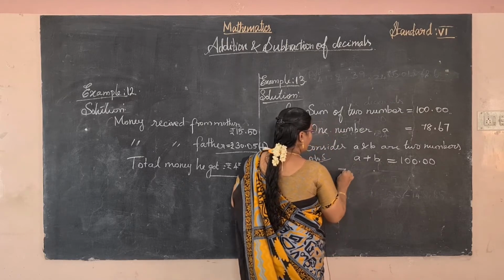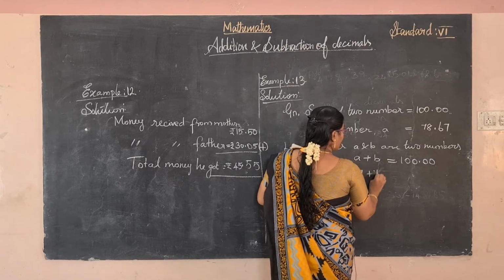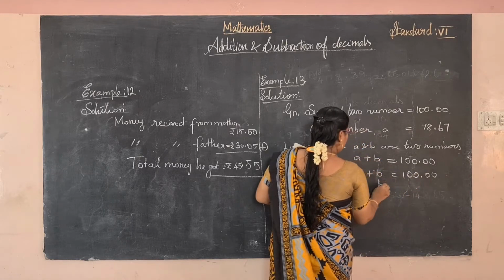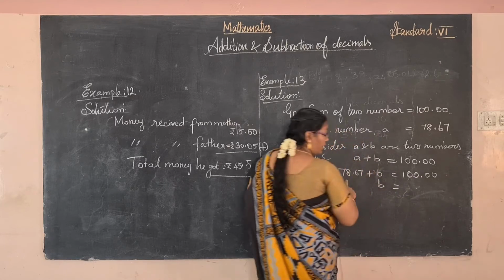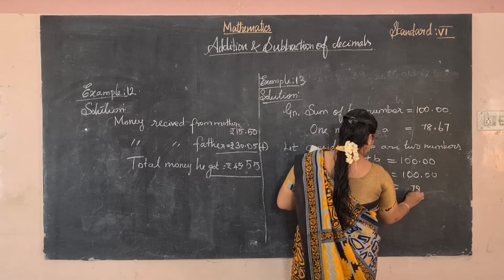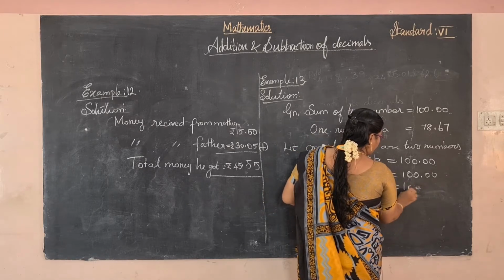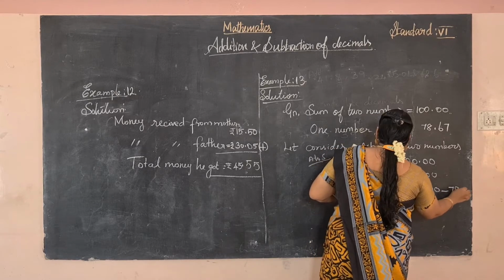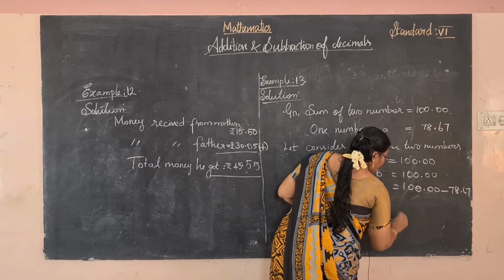And what is the value of A? 78.67 plus B is equal to 100.00. So B is equal to, move to that side, subtraction. Addition moves to the other side as subtraction, by using the transpose method. So you will write one step: 100 minus 78.67. How can you write it in the column?